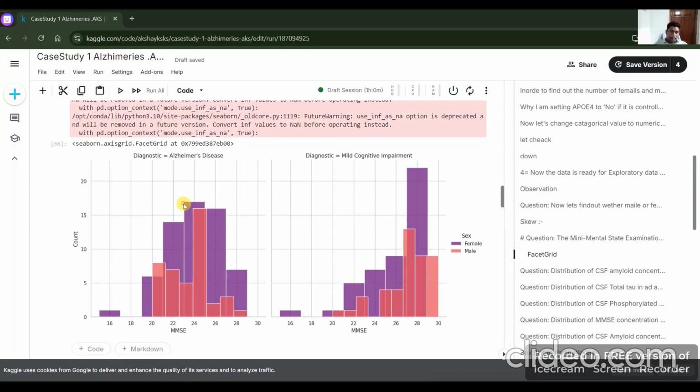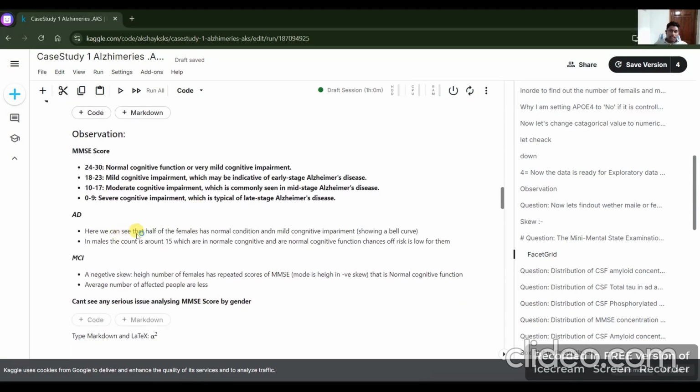Here we can see this graph. Half of females have normal condition and mild cognitive impairment showing below the curve. In male the count is around 15 which are normal cognitive, and normal cognitive function, chance of risk is low for them.